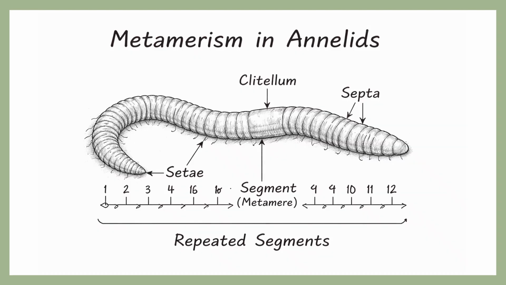You can clearly see this in the diagram here, which depicts the body of an earthworm, where the body is completely divided into a series of segments. If the body is divided like this, not only externally but internally also, then we call it metamerism or true segmentation.